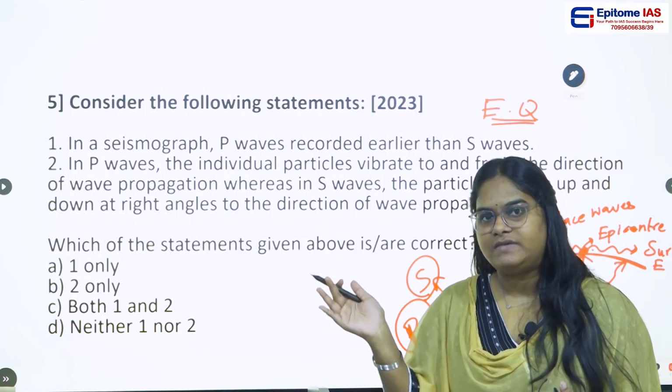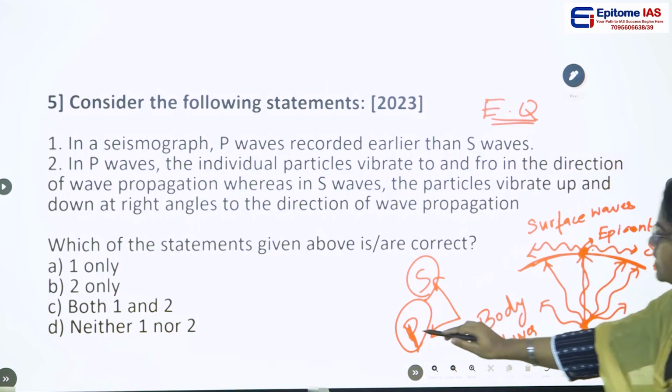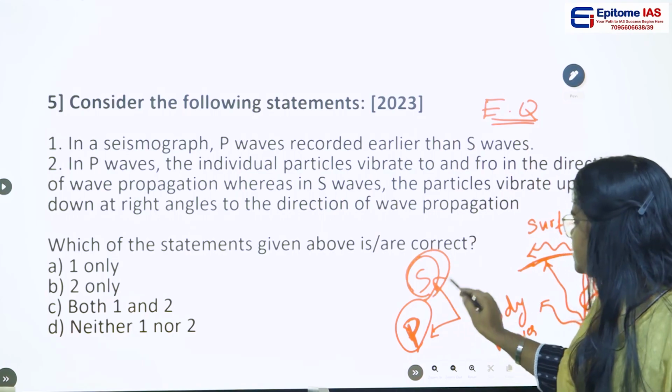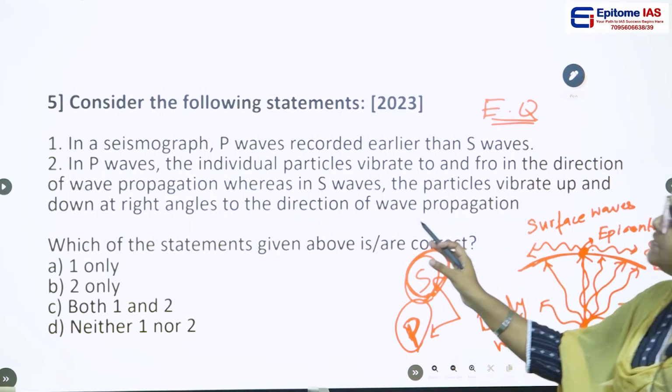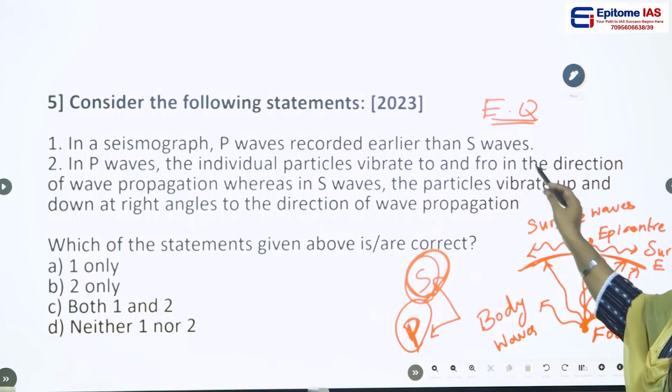From the focus, the waves which travel faster and reach the surface of the earth are the primary waves, and those which are slower and reach the surface somewhat later are the secondary waves. So the first statement says, in a seismograph, the P waves are recorded earlier than S waves.